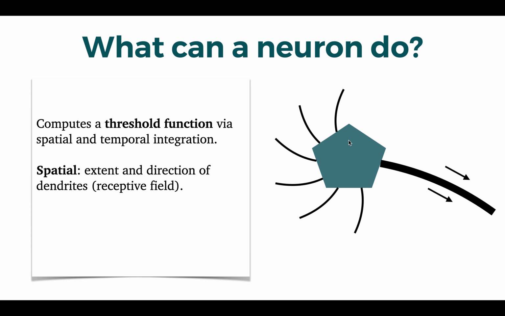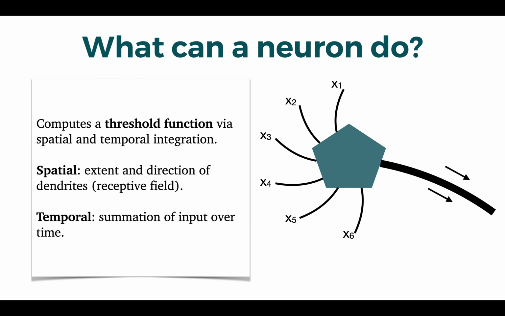So this neuron is taking into account what things it's connecting to and where. And it's also taking into account what things it's connecting to over time. Okay? Let's explain a little better.